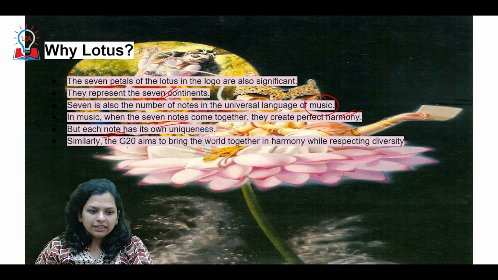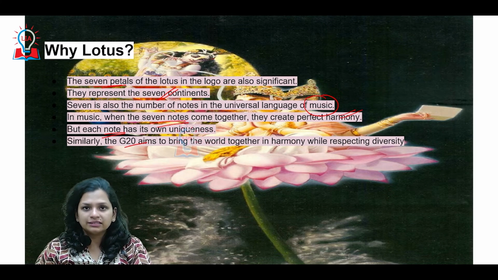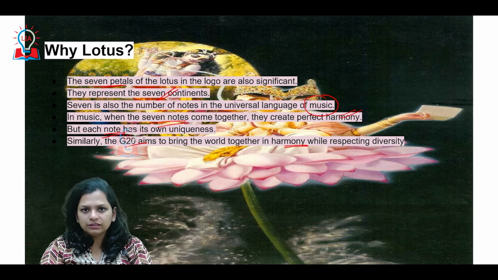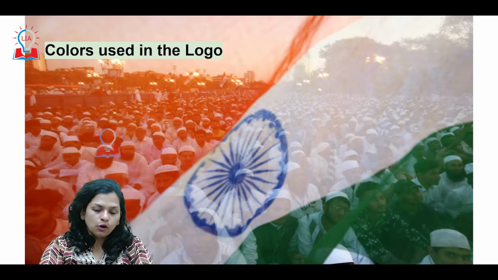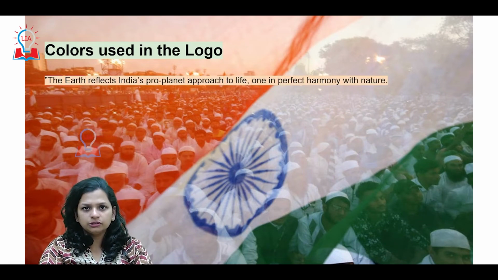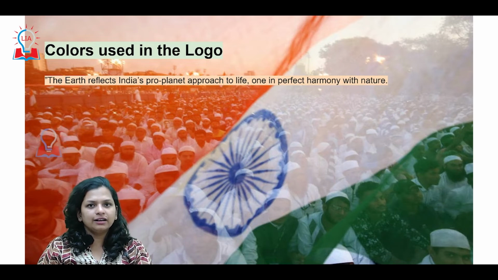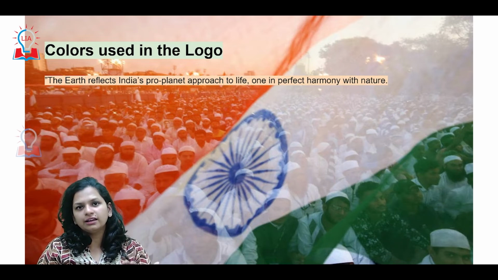Similarly, we have this G20 summit and this logo trying to promote harmony along with respecting the different diversities that come along with it. Also important are the colors used. Here we have, of course, India's tricolor, with the spokes blue and the chakra blue.